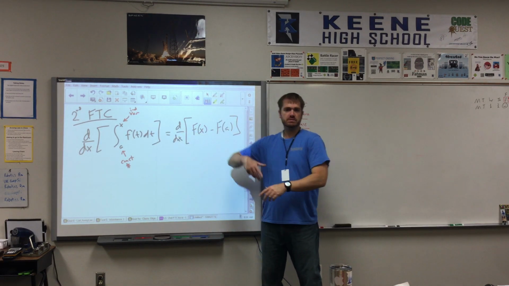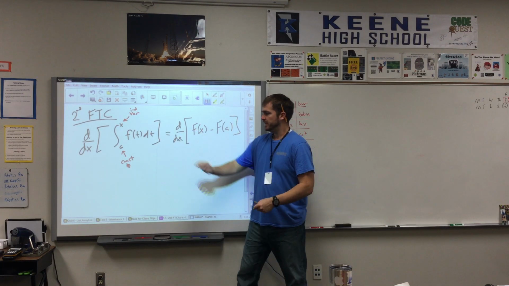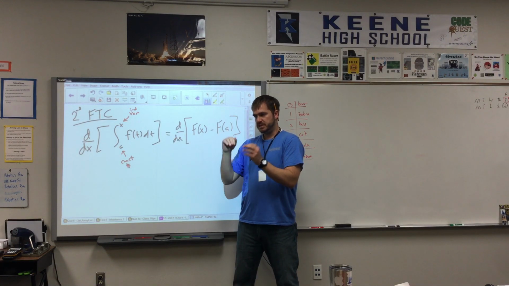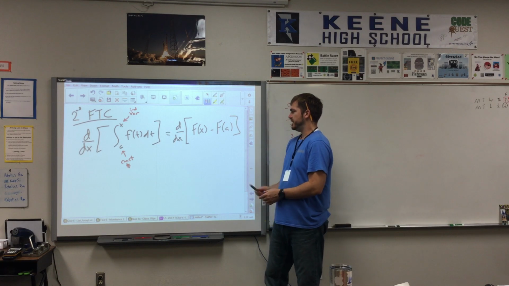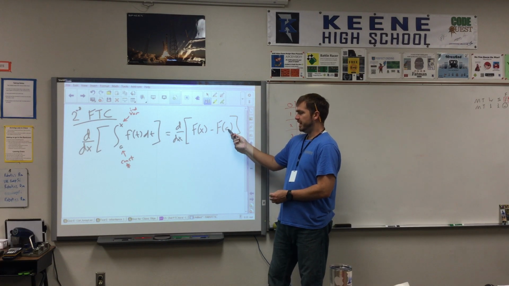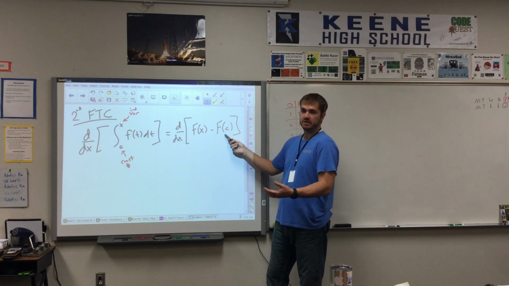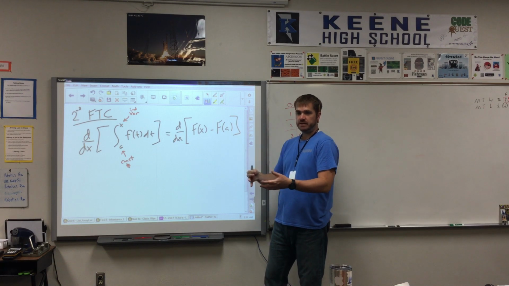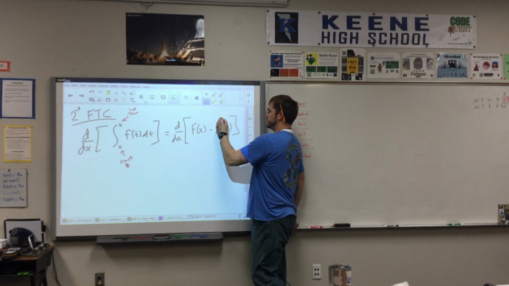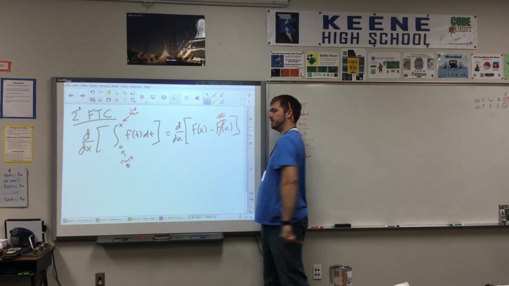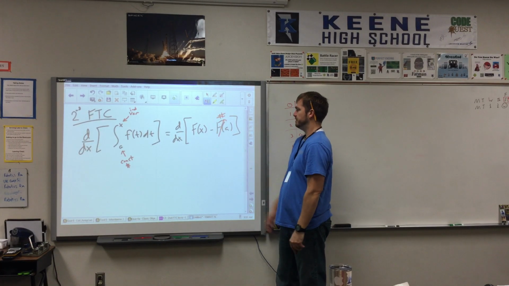So x is x, which means it could be anything. A is taking the place of a specific number. That being said, when we plug a into this function, we will get a specific number. Are we good on that? So I'm going to say number, or a constant.